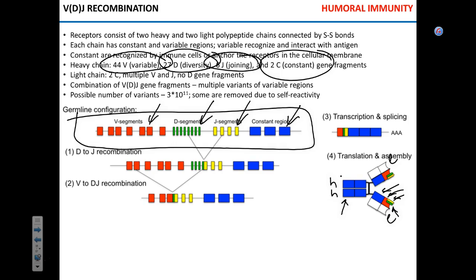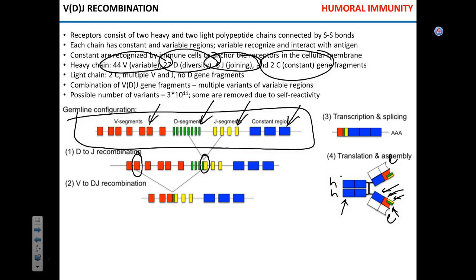During transcription, one V segment is co-joined by one D and one J segment. Does it make sense? Now you have 44 different V's, 27 different D's, and 6 different J's.